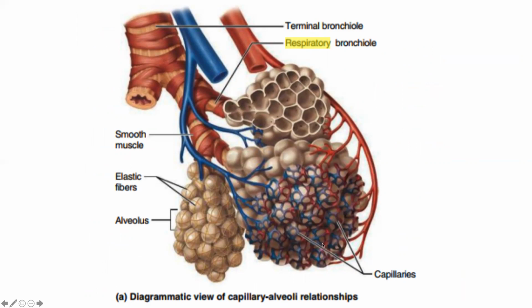Look at the pulmonary capillaries, which are just wrapping around the alveoli, which are air-filled sacs. And these alveoli are supplied by the respiratory bronchioles. And look at here, elastic fibers.